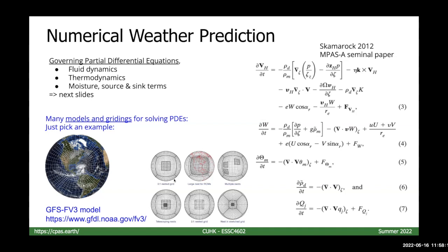And there is something like adding a higher-resolution grid inside a coarse resolution grid, and multiple levels of gridding. And then there is also this one, stretched grid, supporting variable resolution with some form of transition. So in the world, there are a number of different NWP models and gridding methods.